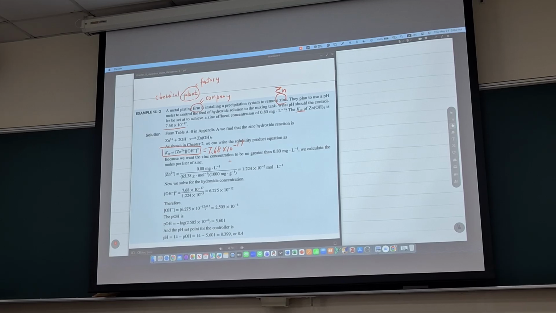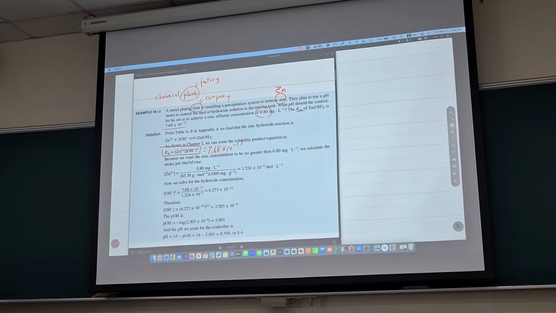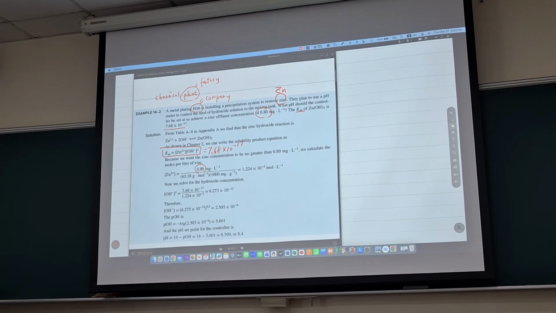So step number 2, we try to convert zinc concentration. What does the question give us? They give us 0.8, but it's milligram per liter, right? But we need to convert into mole.